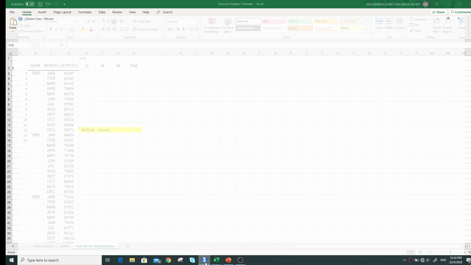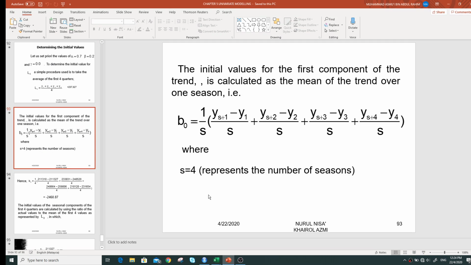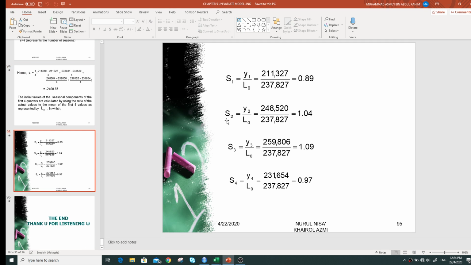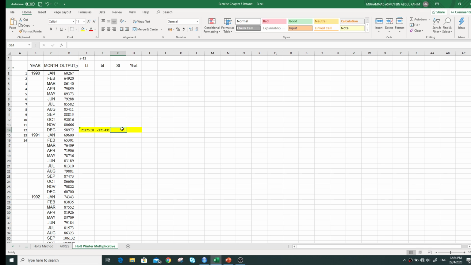Next we estimate the seasonal indices. In the textbook example it is S1 until S4, but for our example we need S1 until S12. How can we do it?